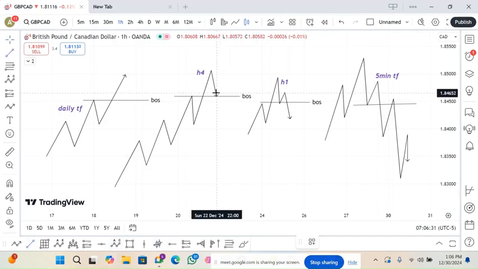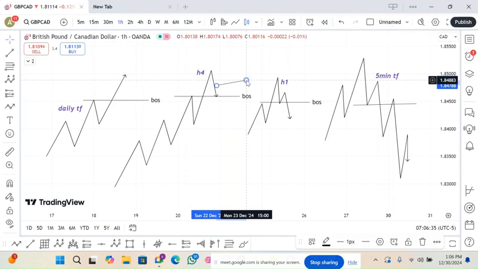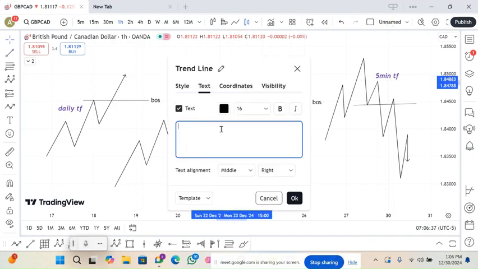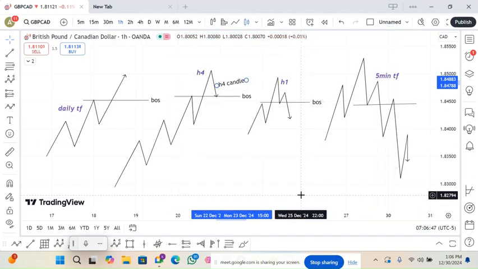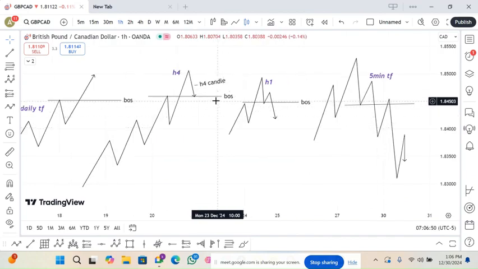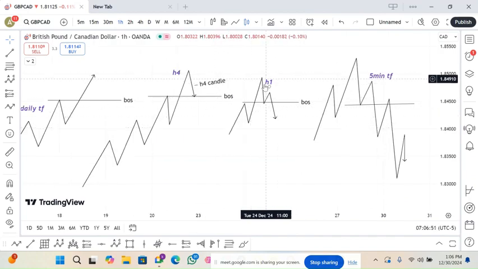What happened here? This is a 4 hours candle. This H4 candle is giving a representation of four 1 hour candles. Why is that forming?